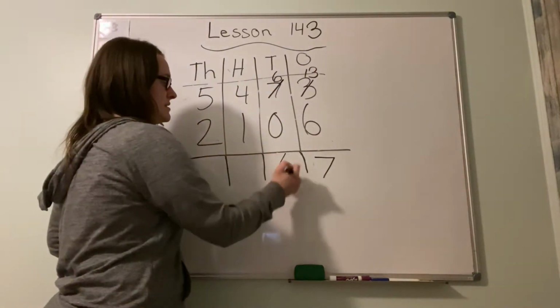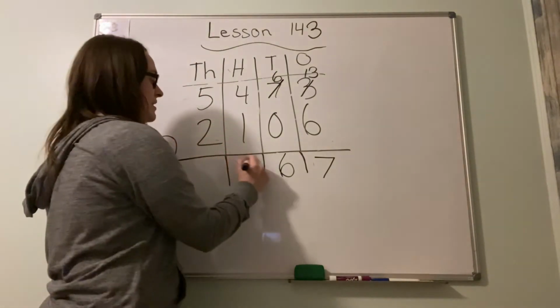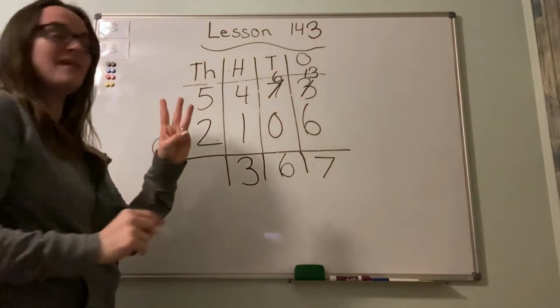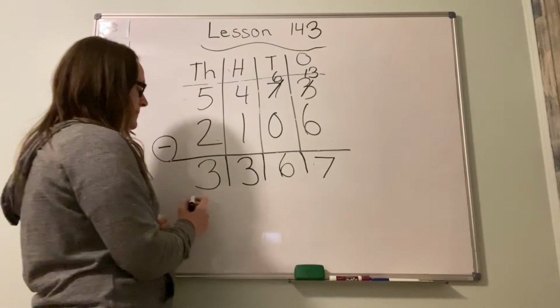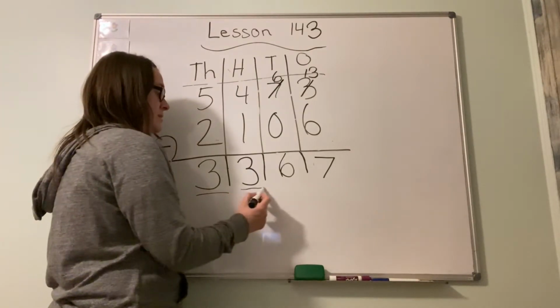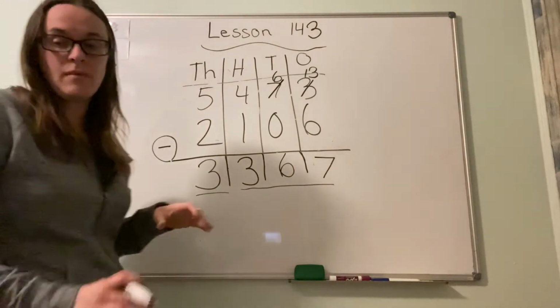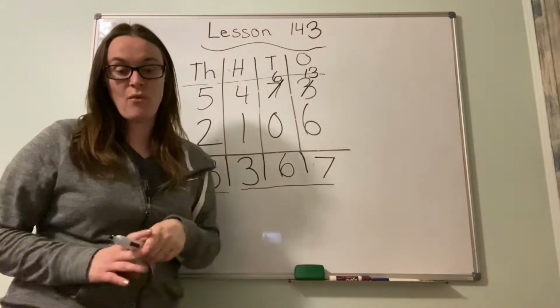Well, it's still 6, isn't it? 4. Can I take 1 away? I sure can. That gives me 3. I have 5. Can I take 2 away? I sure can. That gives me 3 as well. So what's my answer? 3,367. Remember, when you're borrowing, always borrow from the next digit over.